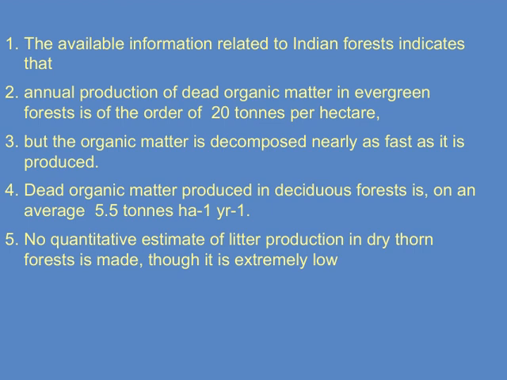This low litter production is likely due to the sparse vegetation and harsher environmental conditions. Understanding these differences in litter production across forest types is crucial because it influences nutrient cycling and forest management strategies. All these points tie back to the overall theme of how forest ecosystems function and sustain themselves through processes like organic matter production and decomposition.